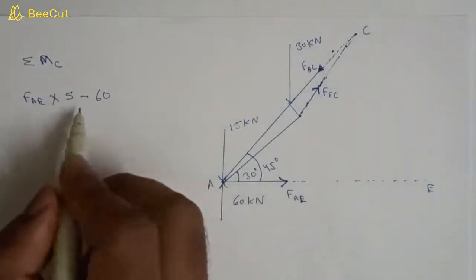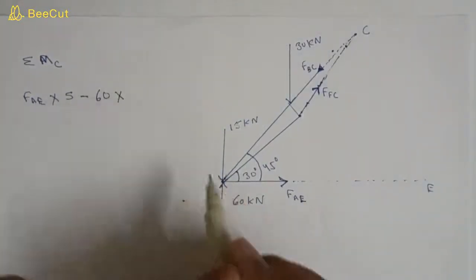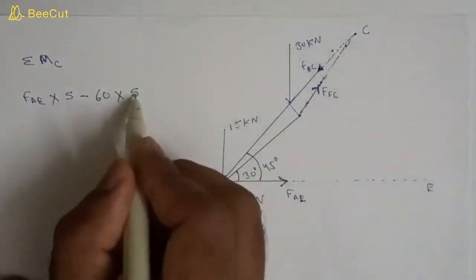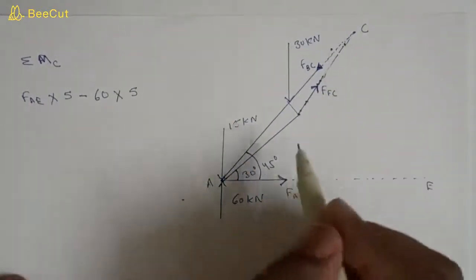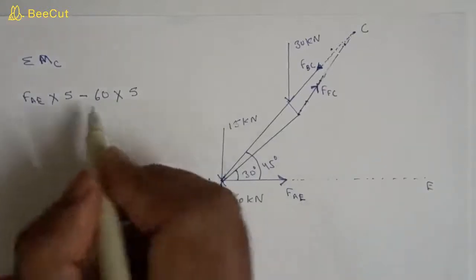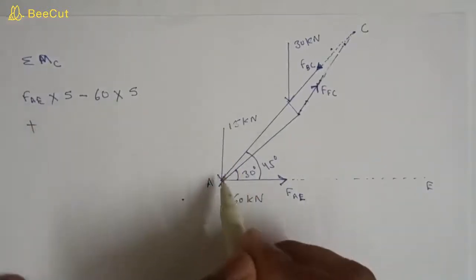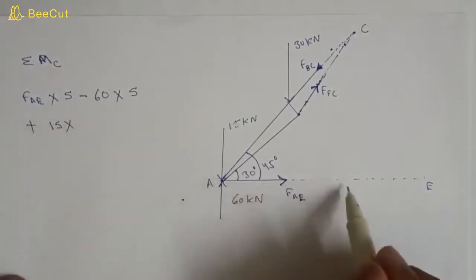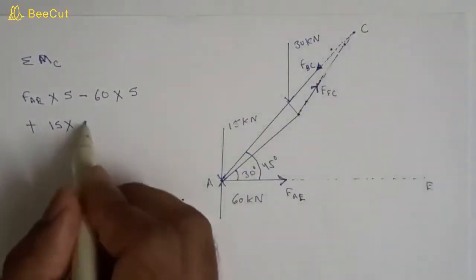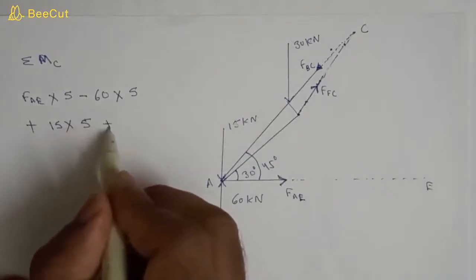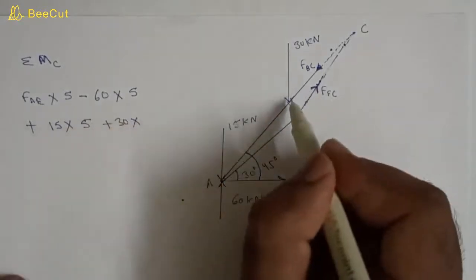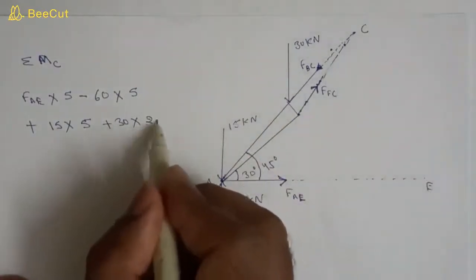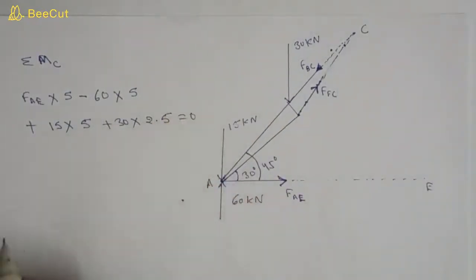So we write minus 60 into this distance, which we found as 5 meters, then plus 15 into 5, plus 30 into this distance, which is half of the total 5, so 2.5, equal to 0.